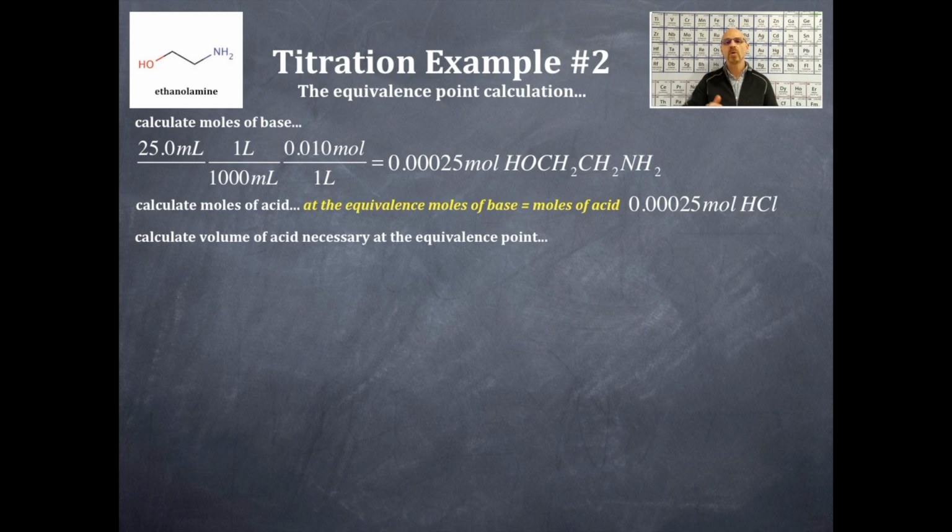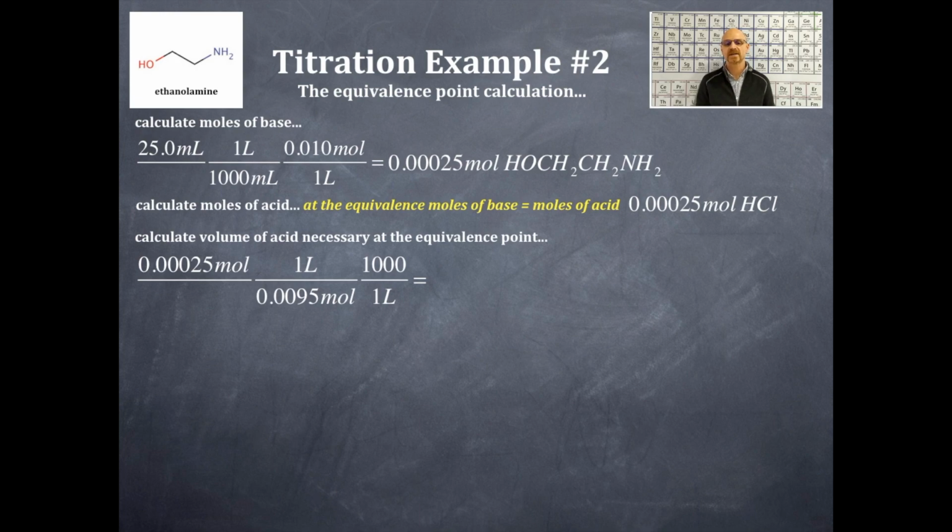I have the moles of the acid and I have the molarity of the acid. So I have the moles of the acid, that's 0.00025 moles. Now I'm using the molarity of the acid, which is 0.0095 moles per 1 liter. Remember, I had to take the reciprocal of that such that I keep the moles with the 0.0095 and the 1 with the liter.